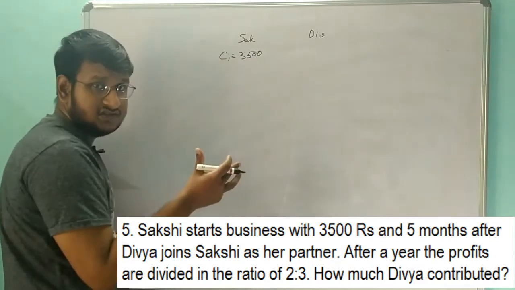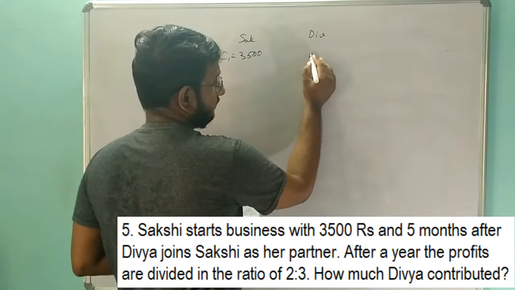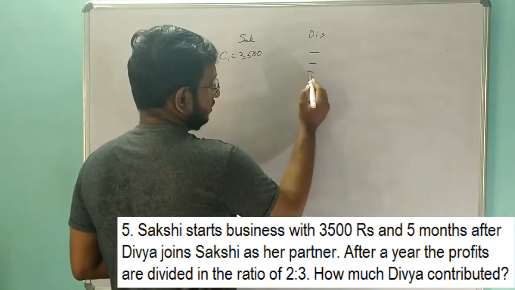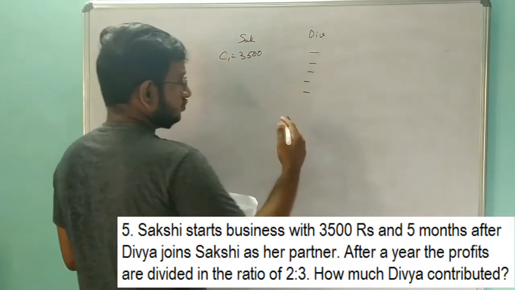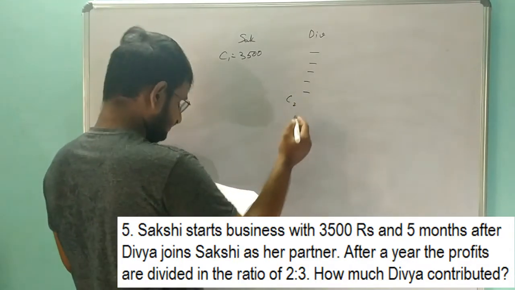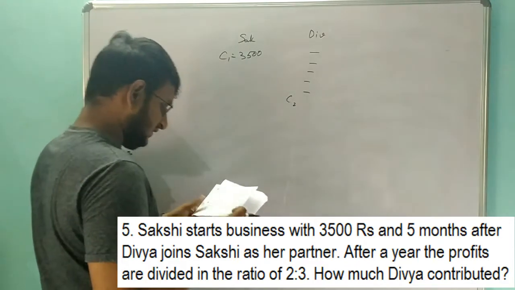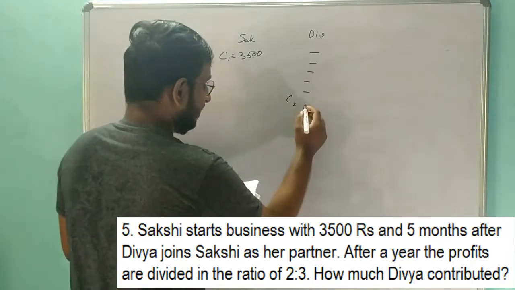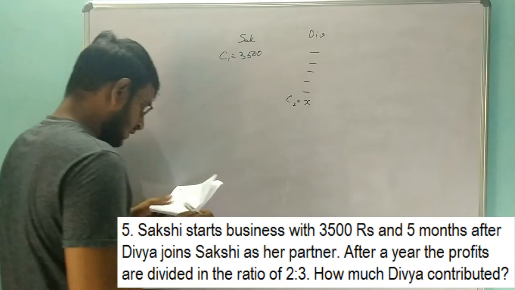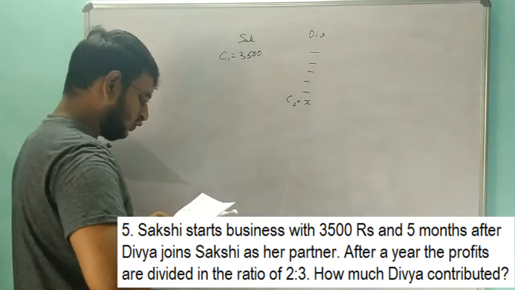Sakshi just started the business and Divya is joining only after 5 months. So for the first 5 months there is no investment from Divya, there is no partner as Divya. After 5 months she has invested some amount. Okay, after a year the profit is divided in the ratio of 2:3.